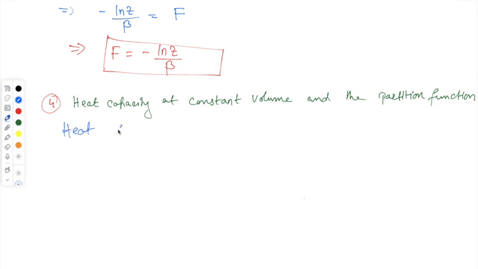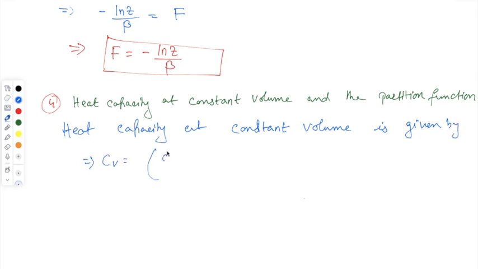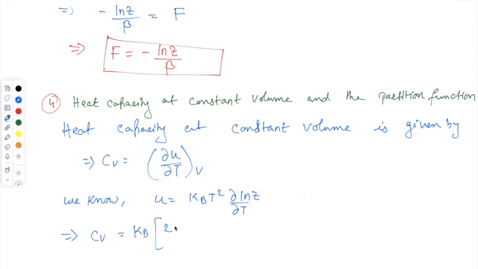Heat capacity at constant volume is given by del U by del T. And we know U equals kB T square del ln Z by del T. So we have Cv equals kB [2T del ln Z by del T plus T square del square ln Z by del T square].